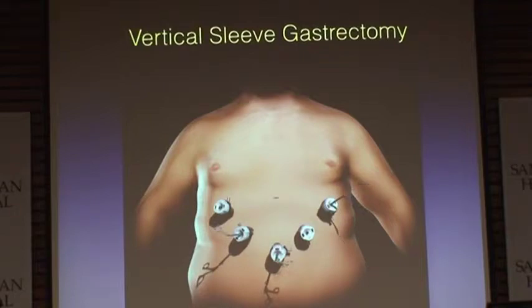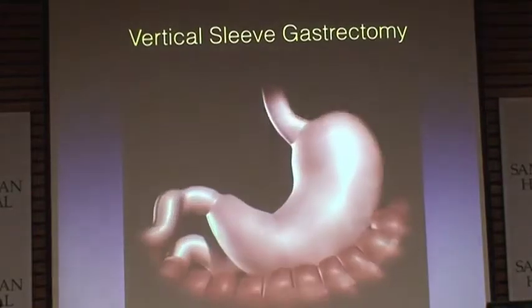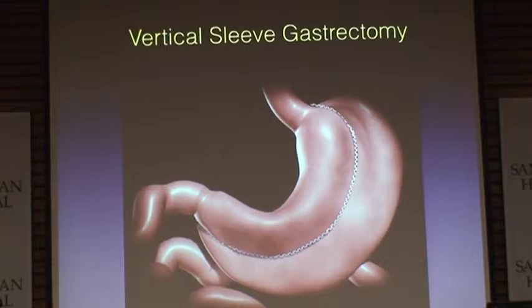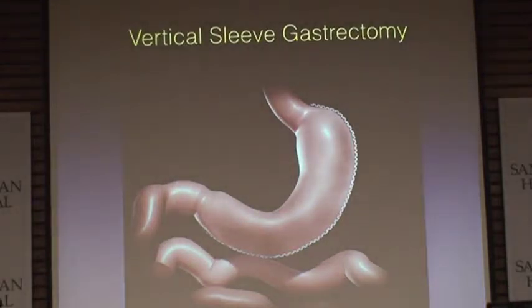It's mostly focused on the stomach itself. And it involves removal of about 80% of the stomach, as opposed to just simply dividing and partitioning the stomach. So here we are interested in removing about 80%, leaving about 20% behind. And we really end there. We don't do anything else.